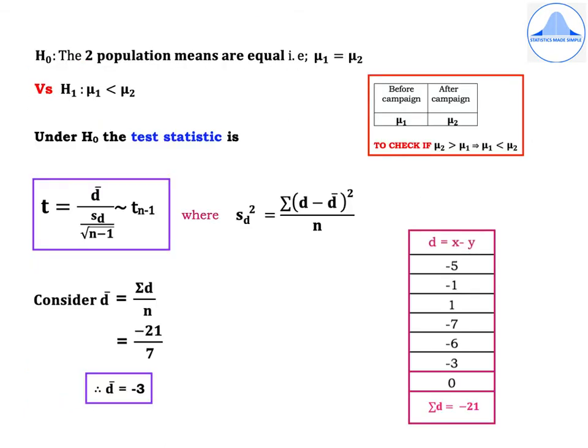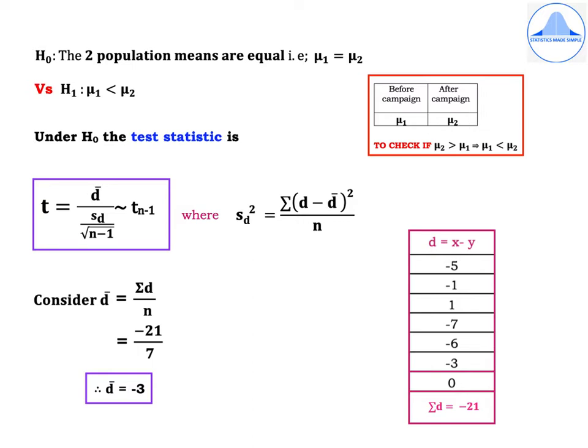In this problem, we see that the words sales before campaign and sales after campaign are used, and we have 7 pairs of observations for the 7 shops before the campaign and after the campaign which are given. So this problem is based on the paired t-test because n is less than 30.